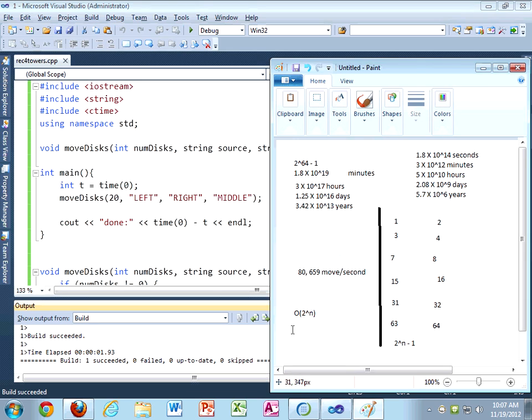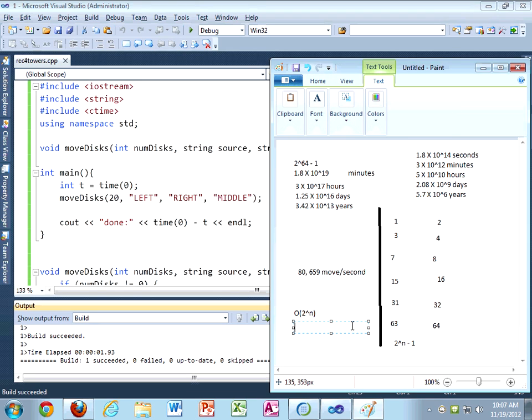Other options: if we have a function that goes through an entire array trying to figure out what the smallest item in the array is, that would be a linear function. If there are n items in the array, it's going to take n steps to do it. So for that, we would write big O of n.